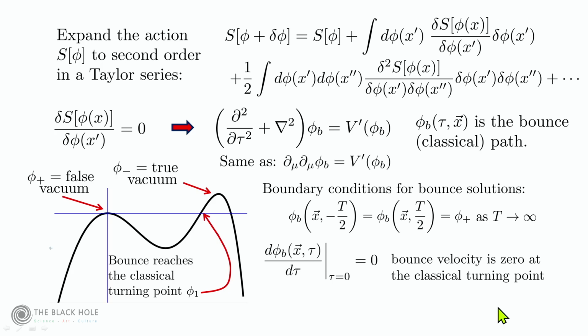However, remember one thing. This equation here doesn't care if you translate tau by tau plus something, tau plus 1, tau plus 3, whatever. And so this is time reversal invariant, which means that this tau equals 0 could be anywhere.